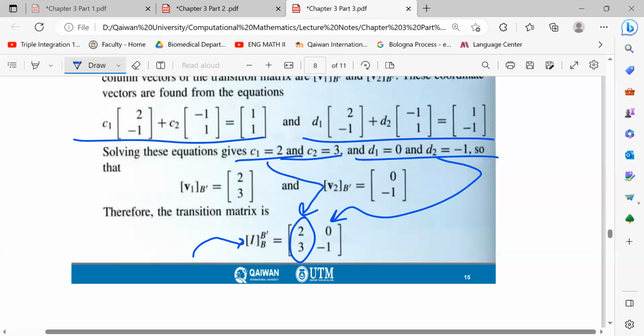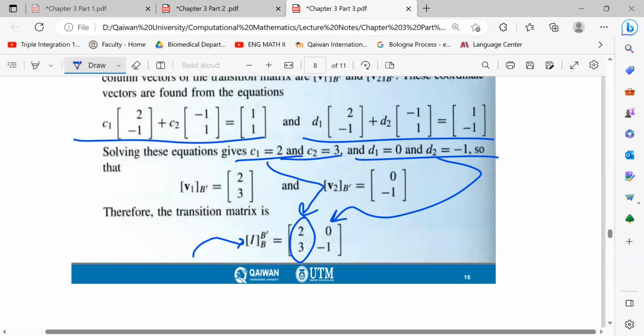It's how to find the transition matrix, okay? It's easy. Just write down these two linear combinations and find the values of constants. Write down the values of constants in a matrix, you'll get the transition matrix.